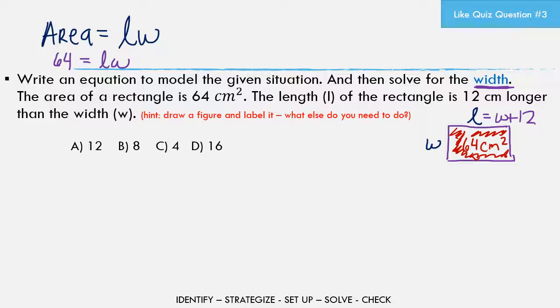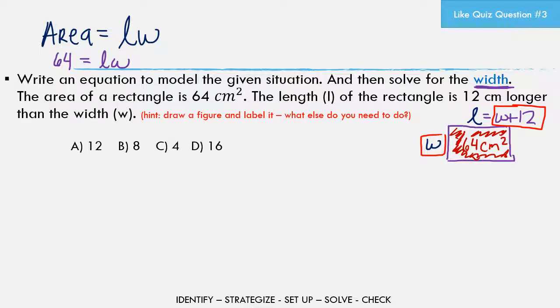Or you could do 12 plus W. Either or, W plus 12 or 12 plus W. So now we're thinking of the length in terms of the width. So instead of thinking of L, we're going to think of W plus 12 as our L.